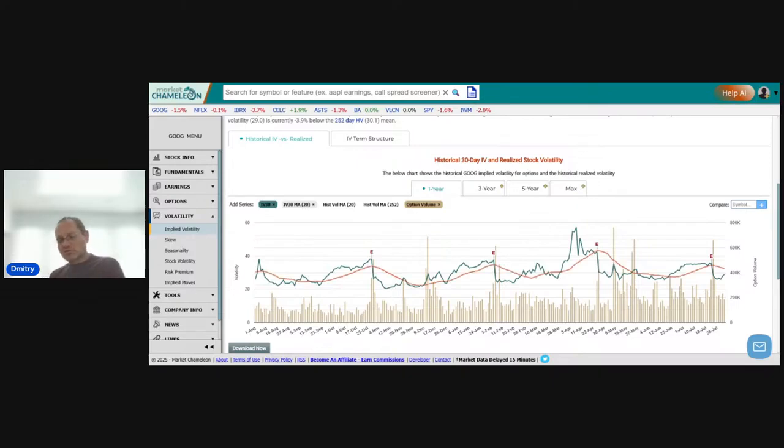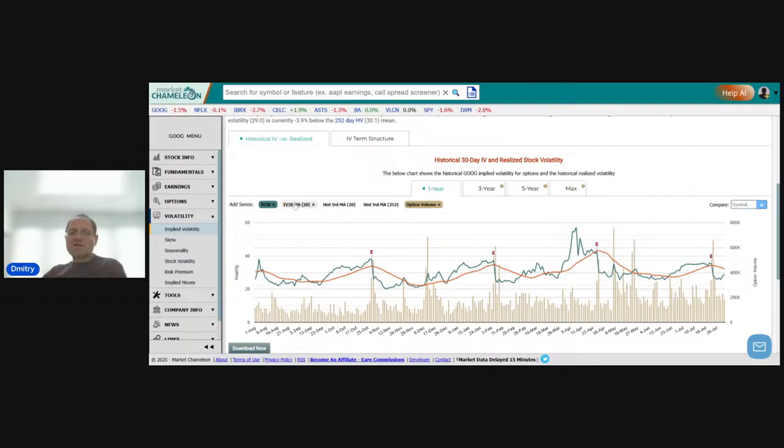A 20-day moving average is a little bit more smoothed out, because you're averaging out 20 days. So this allows us to see how it fluctuates around the 20-day moving average and how far we are currently from that average. And historically, how much does it deviate from it?